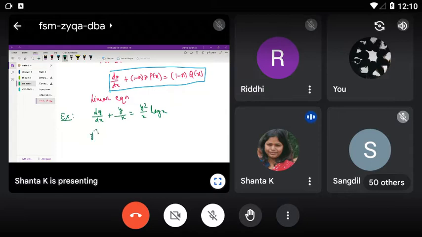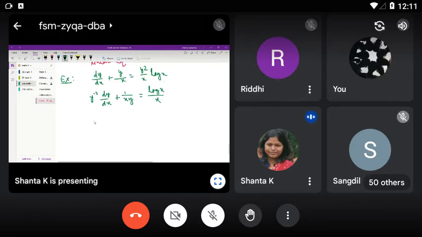So we will have y power minus 2 dy by dx plus y power minus 1 and x power minus 1, or we can write it 1 by x, equals log x by x squared. Okay, so what will be the substitution? Okay, 1 by y will be our substitution z.